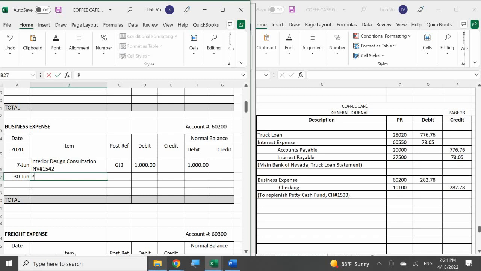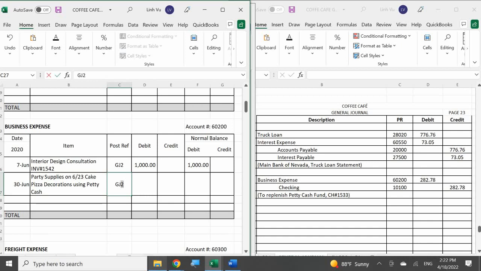You can say party supplies on June 23rd. Okay, if you want to be specific, you could say you bought a cake, pizza, and decorations. Okay, using petty cash. And we did it for $282.78.